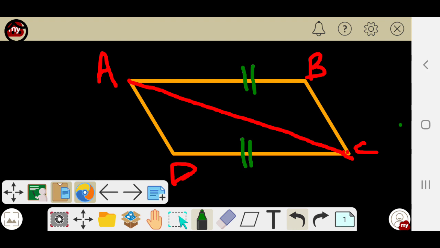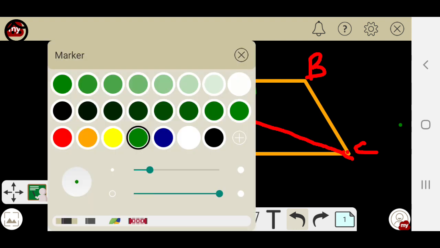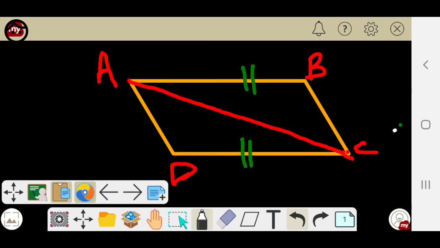In the chapter Lines and Angles, we already studied that for parallel lines and a transversal, alternate interior angles are equal. Here, consider these two alternate interior angles. That means angle BAC equals angle ACD.